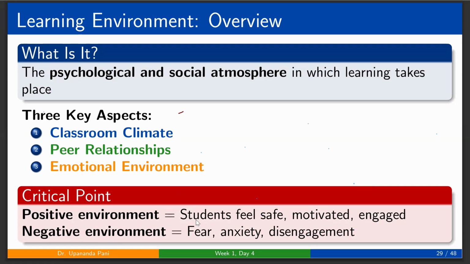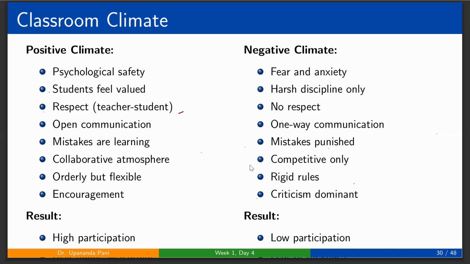A positive environment means students feel safe, motivated, engaged. A negative environment means there will be fear, anxiety, disengagement. That is why environment is very important, right? Learning environment. So again, there are three important parts: classroom climate, peer relationship, emotional environment.